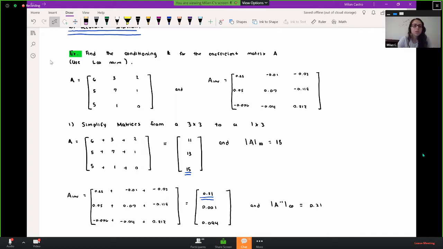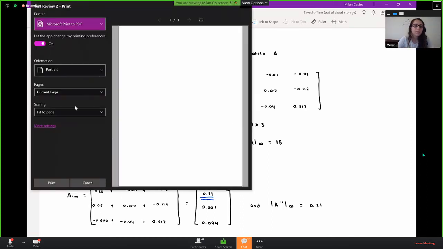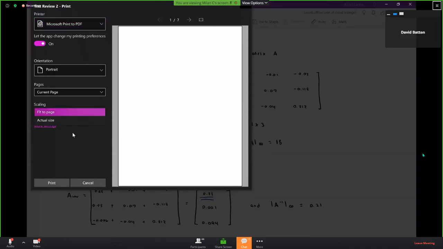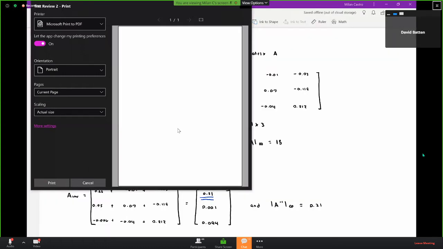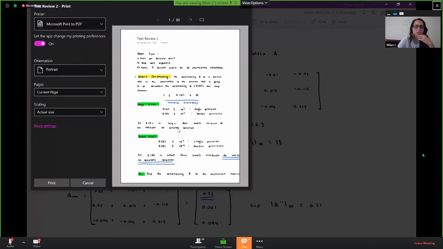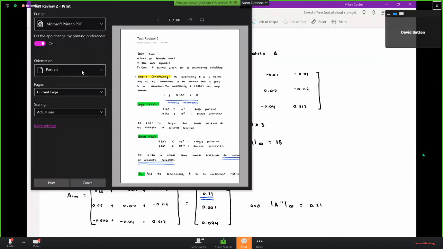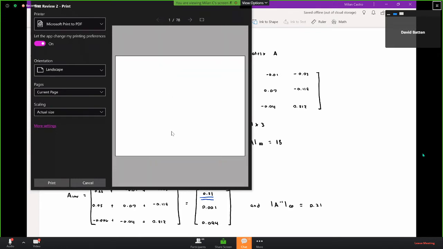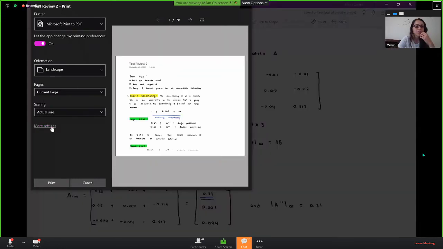I was just printing it to PDF. I think it might be the scale. Yeah, do actual size. Ooh, that turns into 80 pages. You might be able to go into more settings and change your paper size. Okay, yeah, that's a good idea.